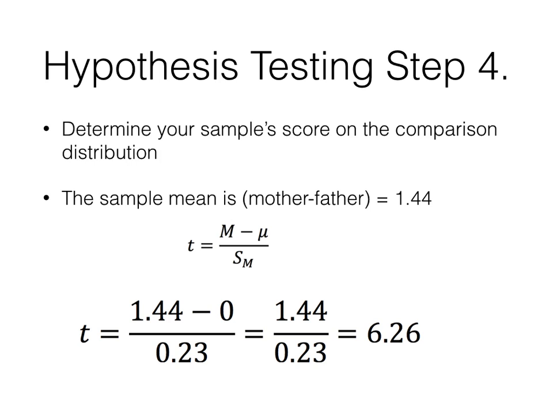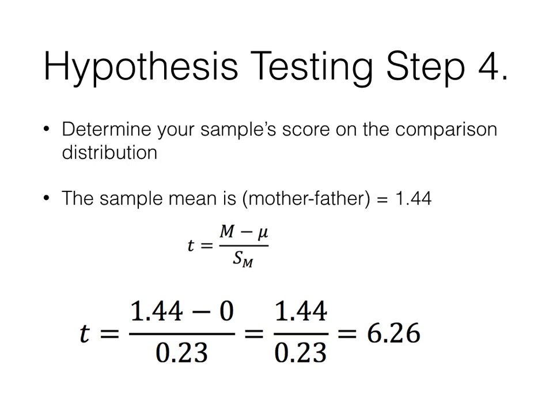We subtract 0 from that, because that's what the null hypothesis says, that there's no difference between mothers and fathers. And it's over an SM, our estimate of the standard error, of 0.23 that we calculated at step 2. So we get 1.44 over 0.23, and that gives us a pretty large t value of 6.26. So there's our t, 6.26.